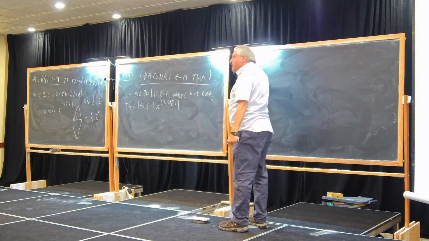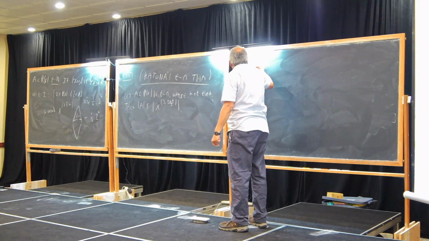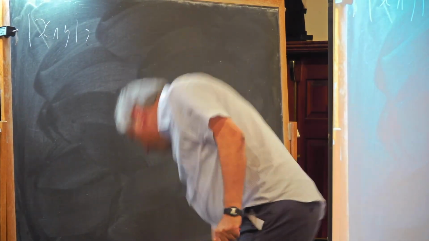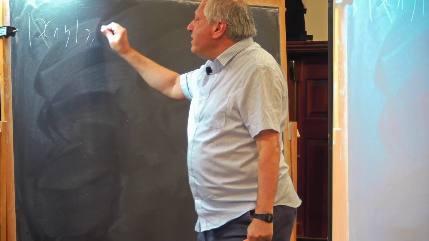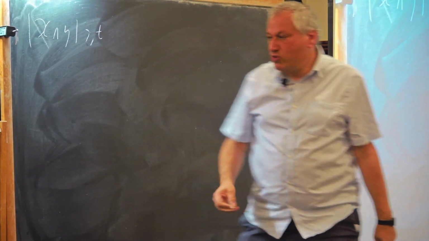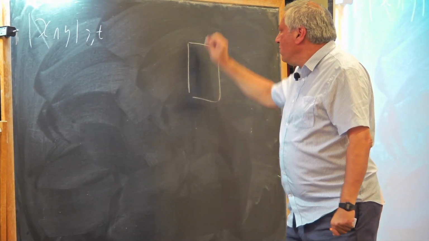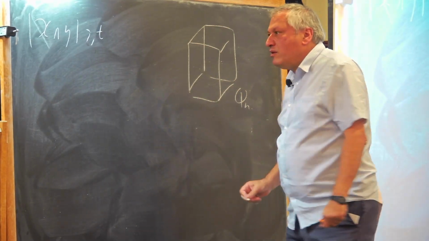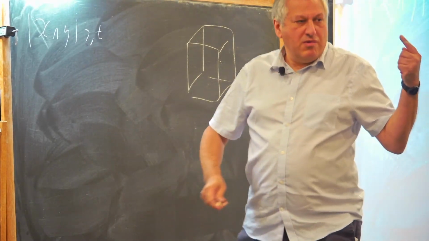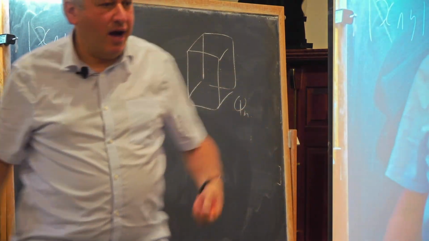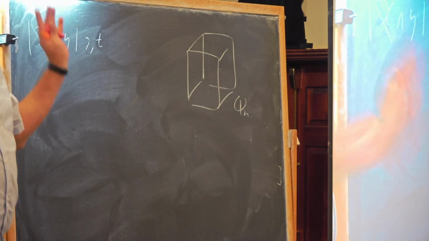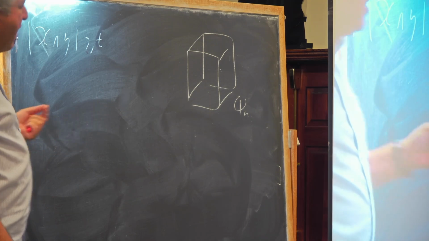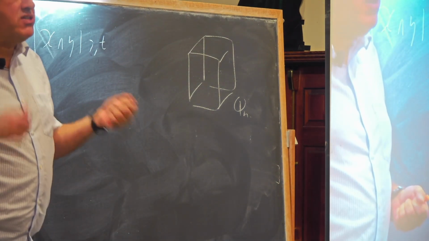So what does it mean to say that the size of x intersect y is at least t? Let me draw a cube. Here's Qn. But I want to, inspired by proof 1 in KR, say something about x versus y complement. So you could ask, how far apart in the cube are x and y complement?